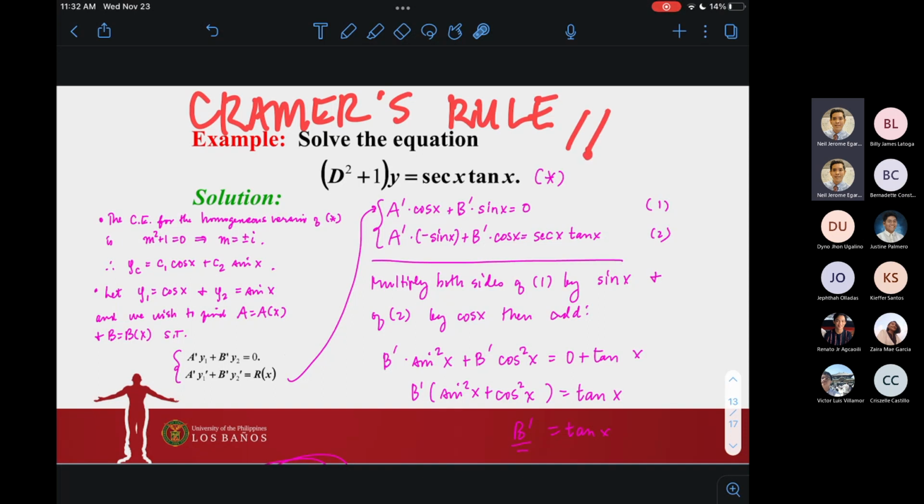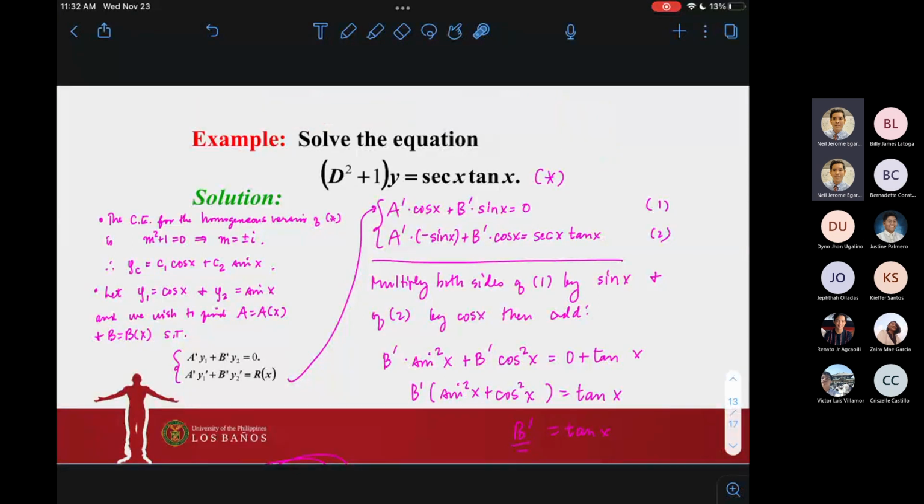So if you're curious upon the Cramer's rule, so go to the handout that I uploaded. Nilipat ko na siya. Nasa week 12 module na siya. But that's the same set of slides that we have for week 11. Tinanggal ko lang siya sa week 11. Nilipat ko siya sa week 12. Pero yon, a different flavor to solving this system. Gumamit siya ng Cramer's rule, wherein I just use plain old elimination method.